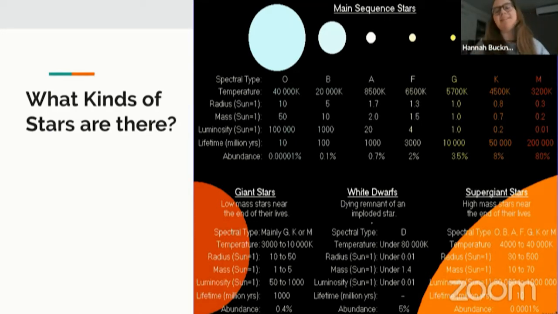Our sun, what a beautiful sun. Sun-like temperatures can be about 5,700 Kelvin. Their radius, mass, and brightness will be very similar to what we have now.